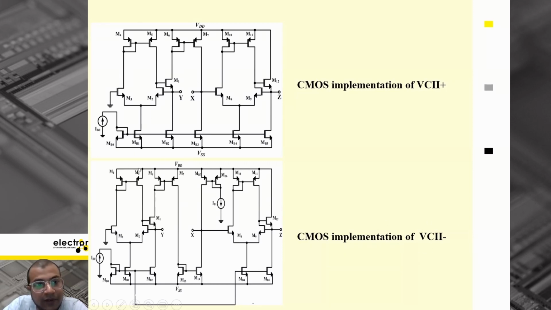In the first, we have used an OTA type architecture for the design. The first stage is the current follower stage, Y to X, and the second stage is the voltage follower stage, X to Z. In the second, we have used additional current mirrors to reverse the current from Y to X, so that we can introduce a 180 degree phase shift. The rest, X to Z, is a buffer.